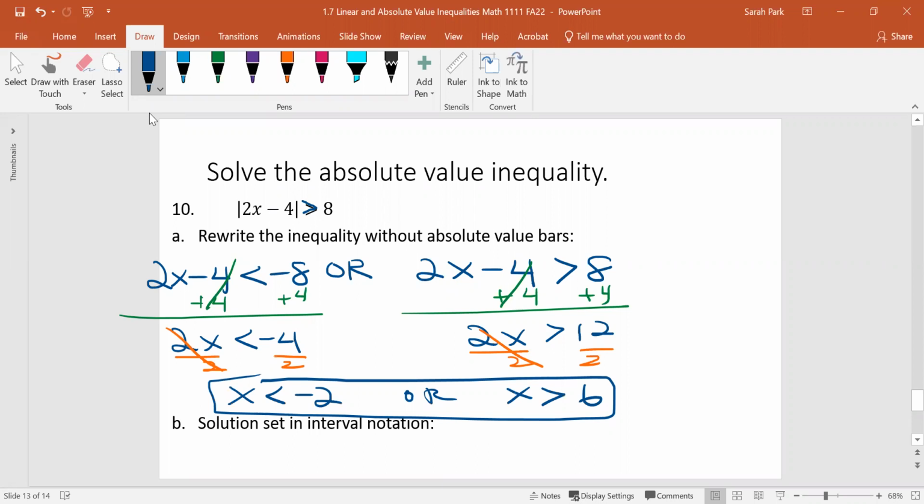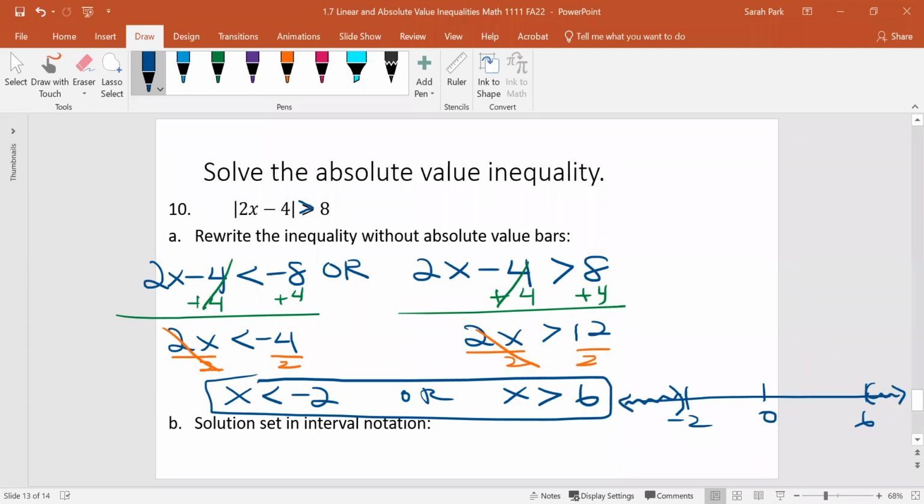So we're going to transfer this into interval notation. Right now what we have is set builder. And again, if it helps you, do it on the number line first. So you have 0. We have negative 2 on this side, and you have 6. X is less than negative 2 means we're going to do parentheses and shade everything to the left. We have 6, we're going to shade everything to the right.